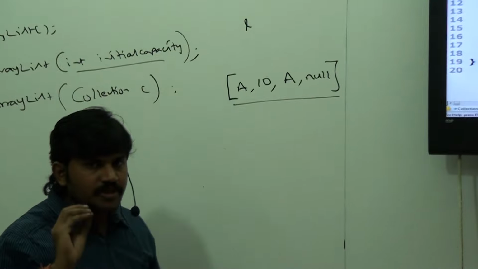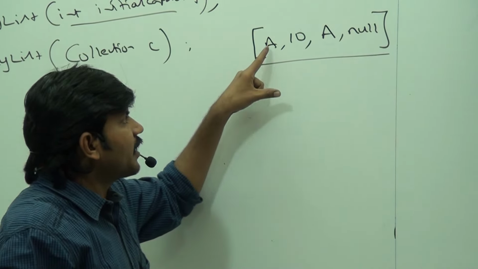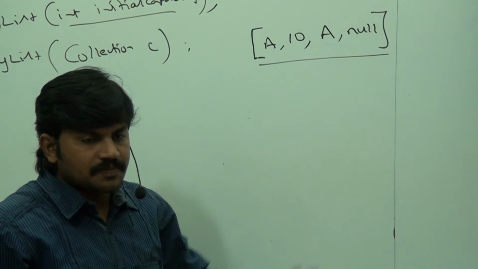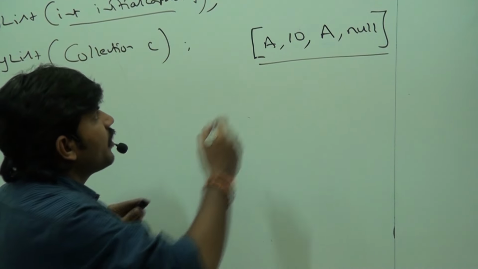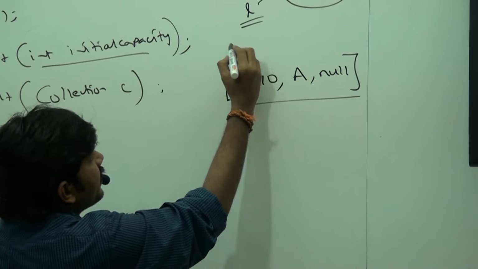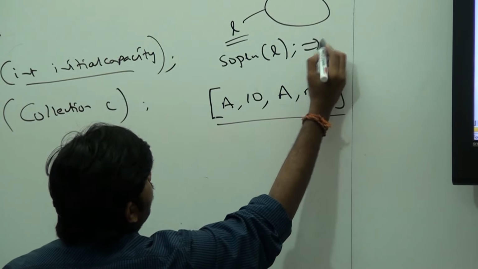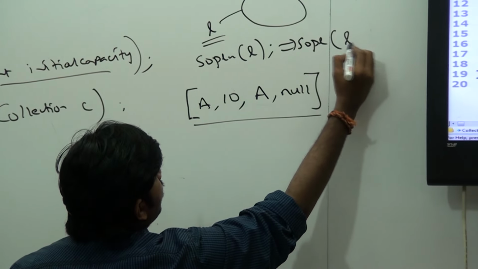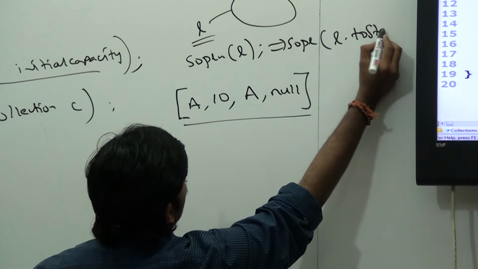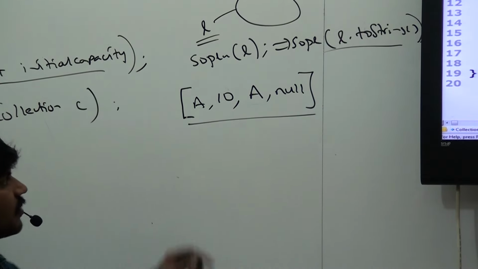But now, a very important point: why do we get square bracket notation for this ArrayList? Simple. Whenever we try to print any object reference, internally which method will be called? The toString method. System.out.println(l) means l.toString() will be called.